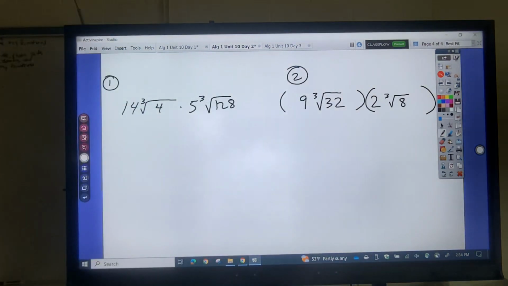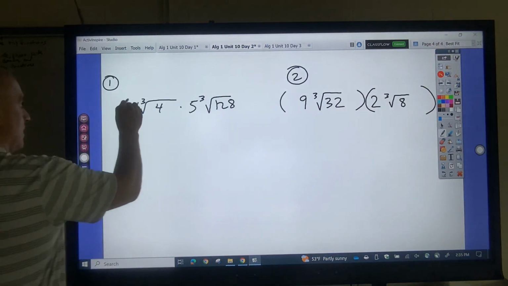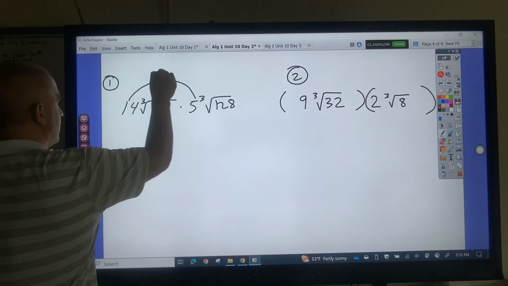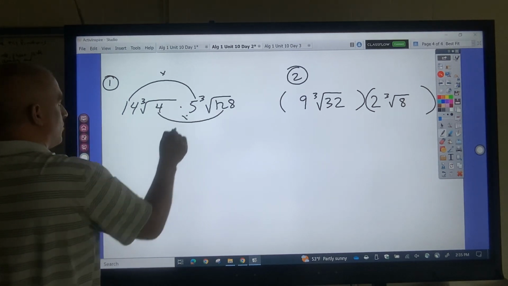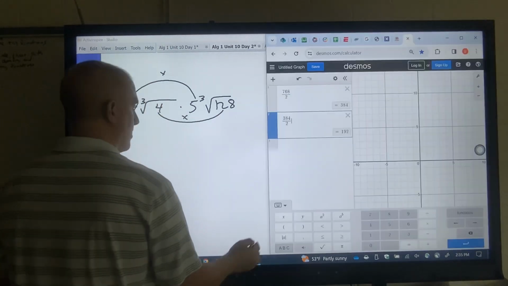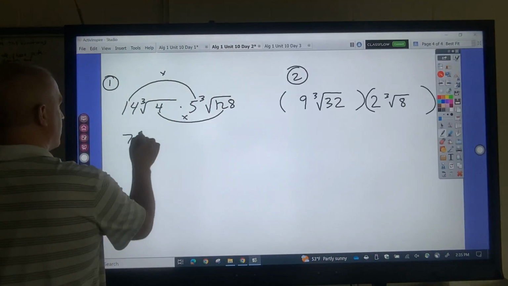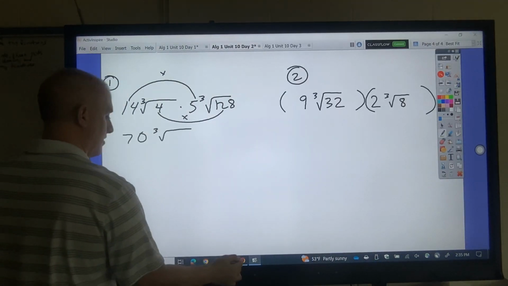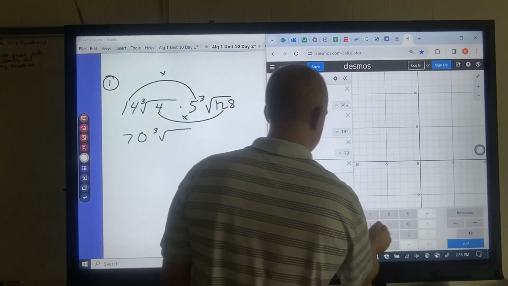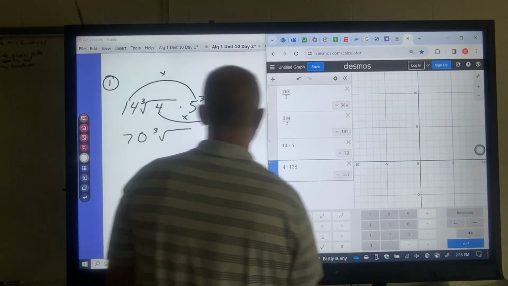All right, final one, just like before. 14 times 5, 4 times 128. Okay, all right, 14 times 5, 70. Cube root of 4 times 128, 512.